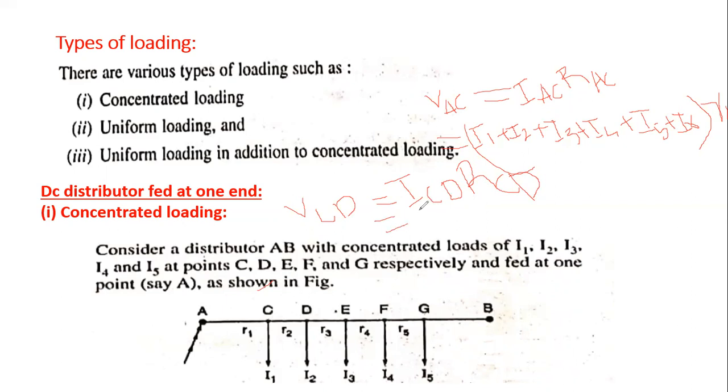I1 current is dropped, so the remaining currents are I2 plus I3 plus I4 plus I5 into RCD.